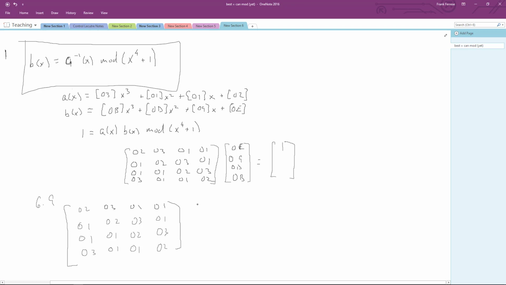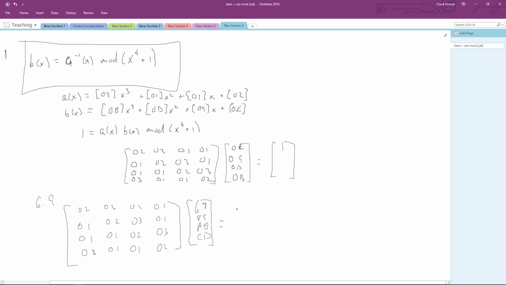And then all we want to do is take the input sequence that we're given in the problem, which is 67, 89, AB, and CD.